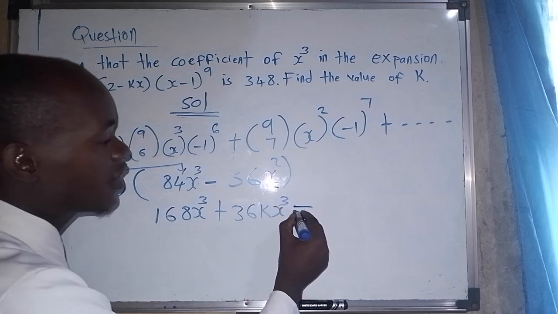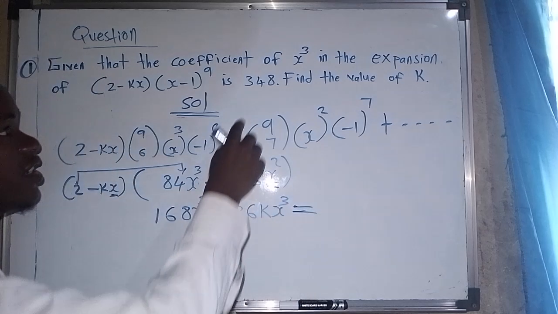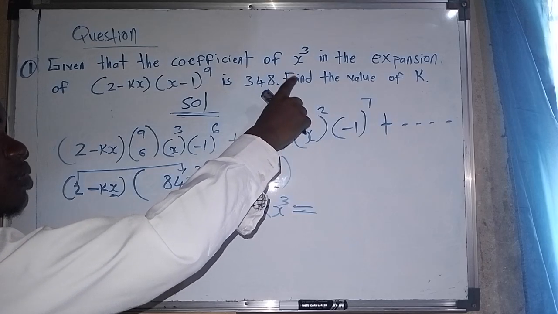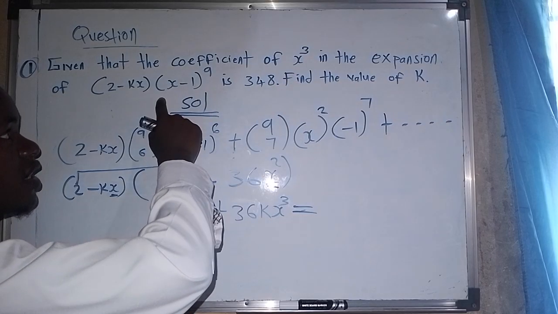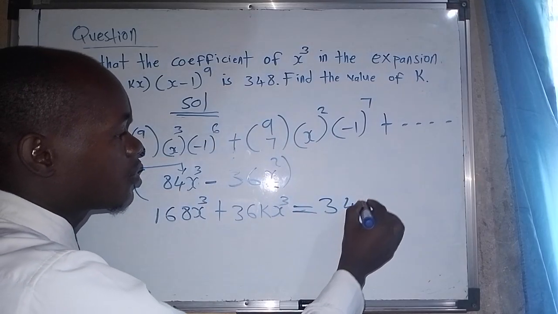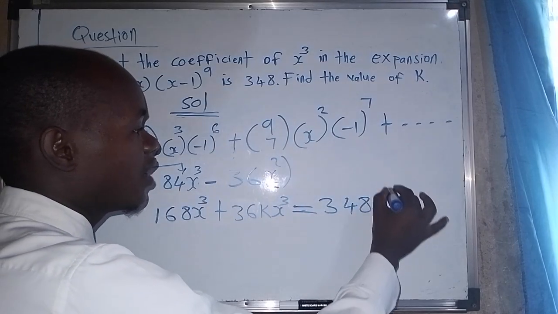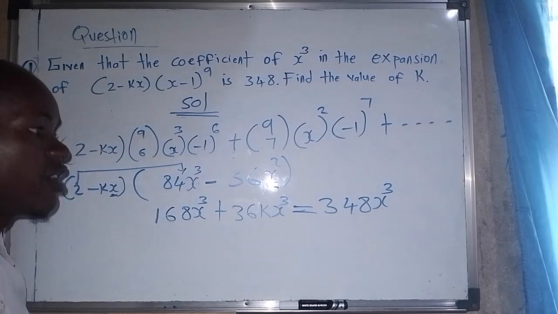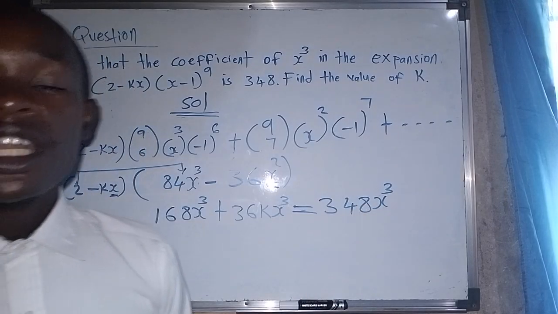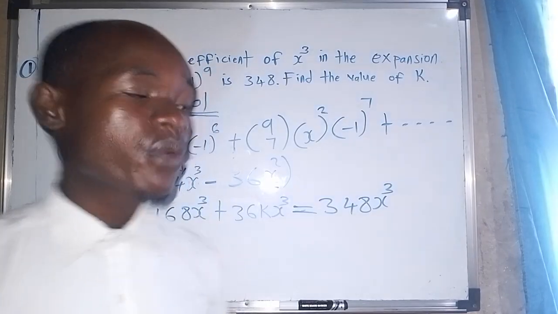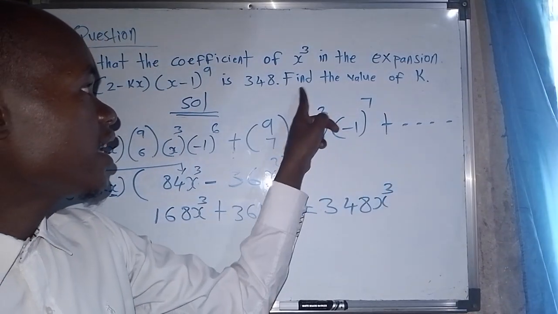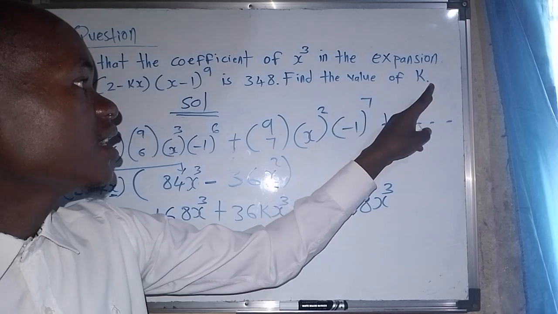Now everything we are going to equate to what you have been told in the question, that the coefficient of x power 3 in the expansion of this term is 348. So we equate to 348 including its variable, which is x to the power 3. Now from there, we don't want to see x power 3 because the question says find the value of what? Of k.